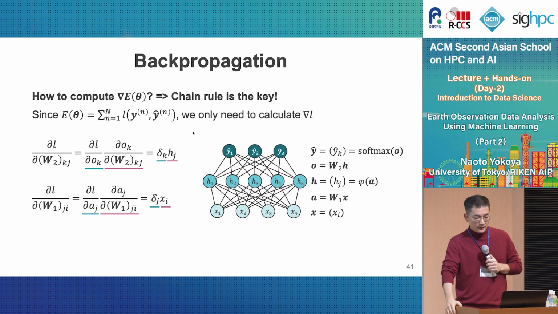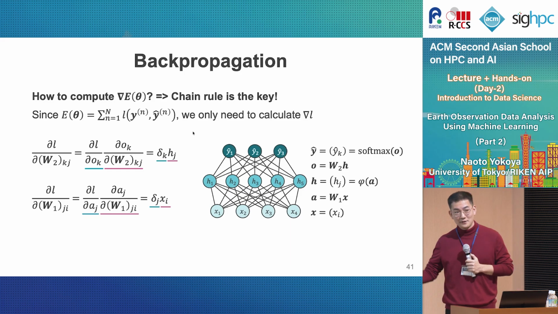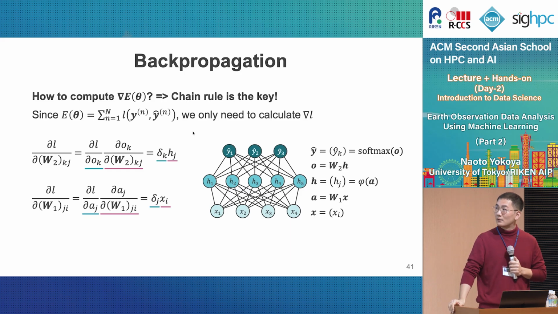Chain rule is the rule for differentiating a composite function that you probably studied in high school or somewhere. And when we studied this, we may wonder, what is it for? But it's very, very useful for calculating the gradient for those neural networks.